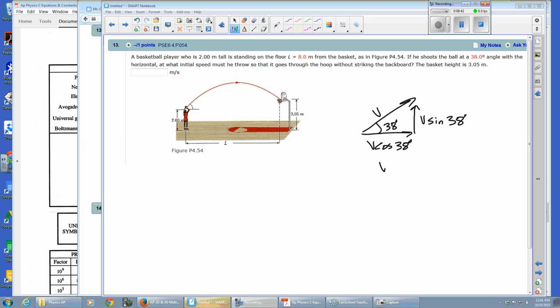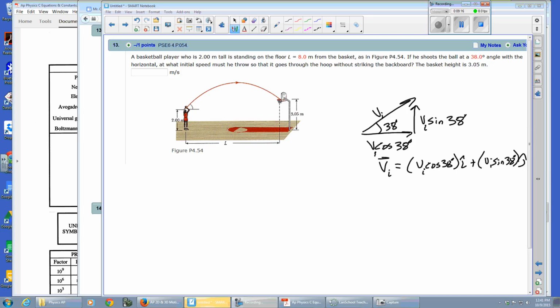So really the vector v is v cosine 38 degrees i plus, this is the initial, by the way, v initial sine 38 degrees j. That's my initial condition.